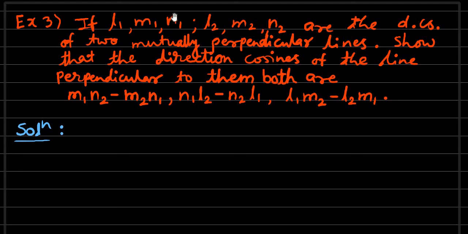So the procedure is similar to that of the second example. So we will solve this example. First of all, we will mention that these are the direction cosines of the given two lines.